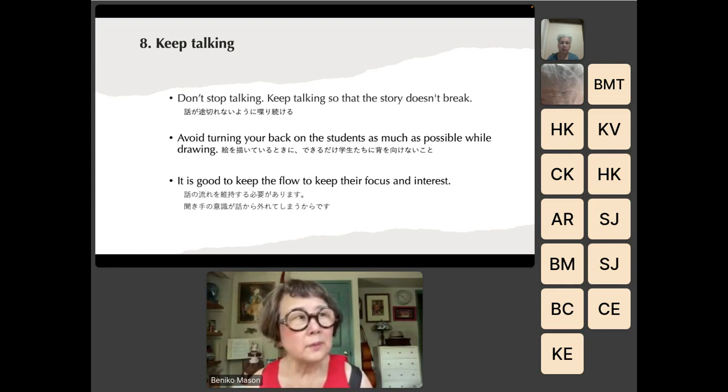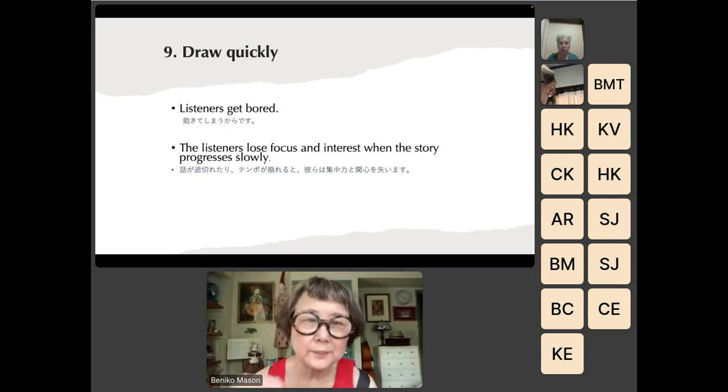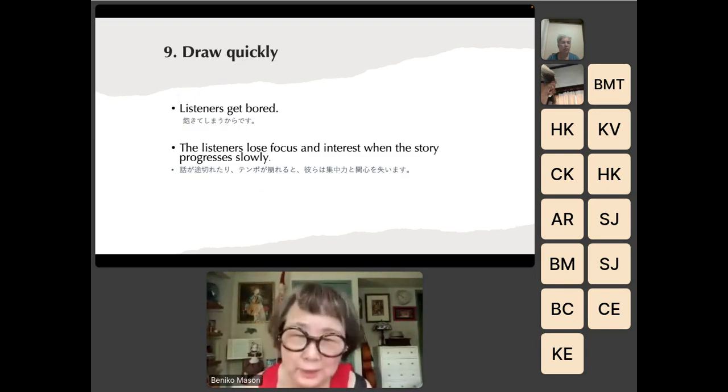People might think that because you're telling the story in the target language, you are giving input, but it might become, or it will become, incomprehensible input for most foreign language students. Okay, that's good.